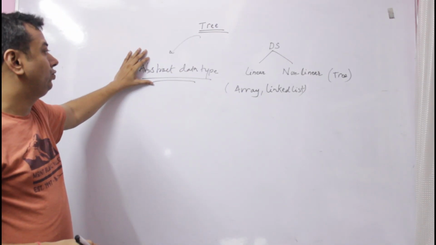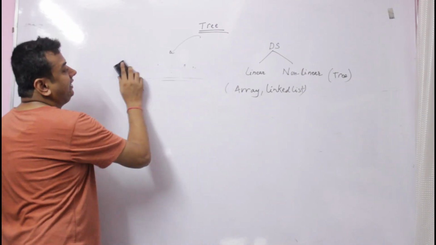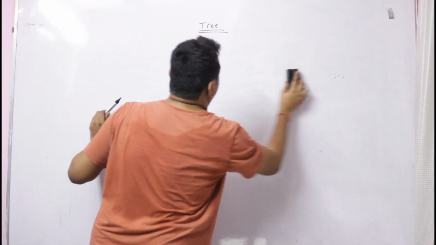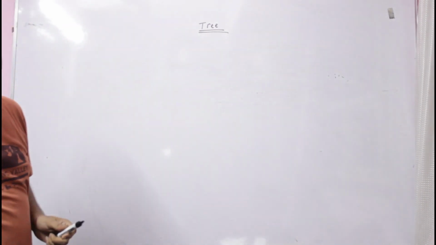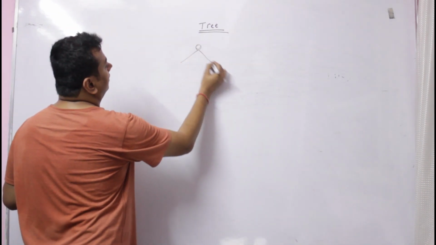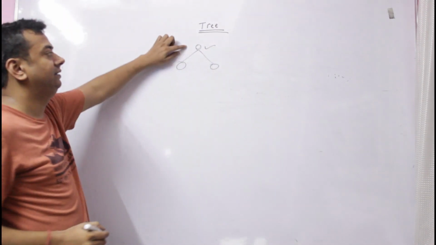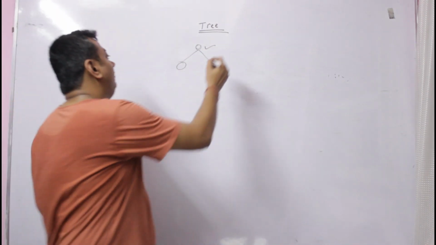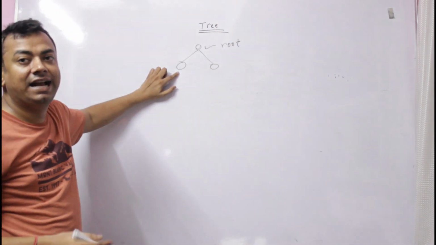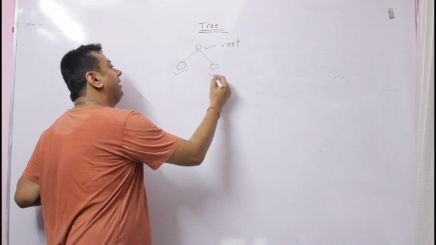Okay, so let's see what the different types of trees are. Suppose I have a node which we always call the root, and it has at most two children, left child and right child.